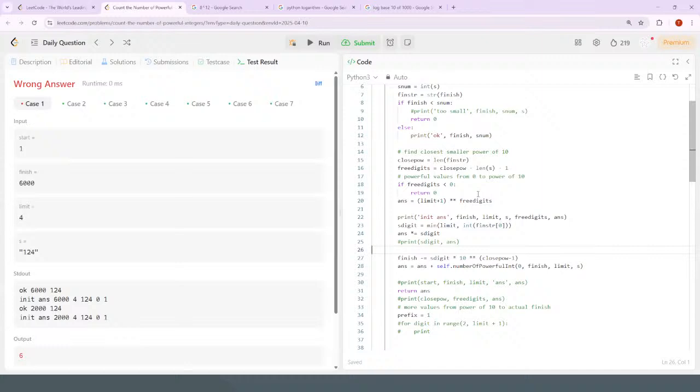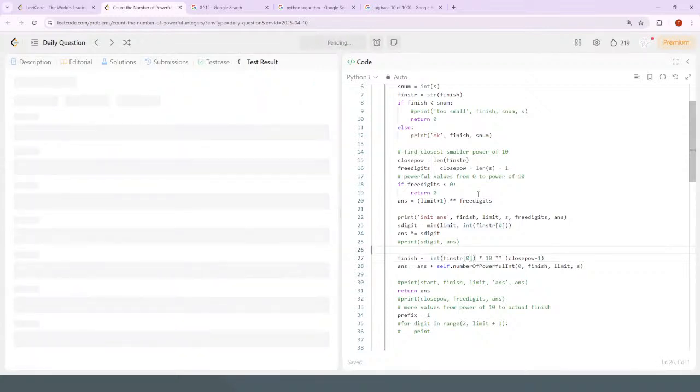It's probably just something simple like s digit finish minus the integer value of the first digit of the string times 10 to that thing.